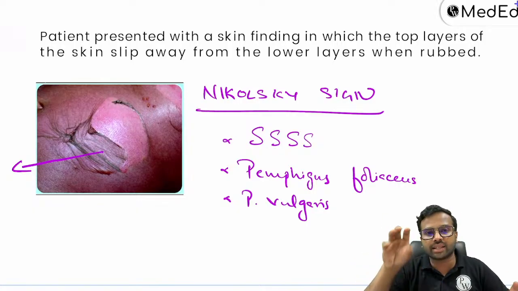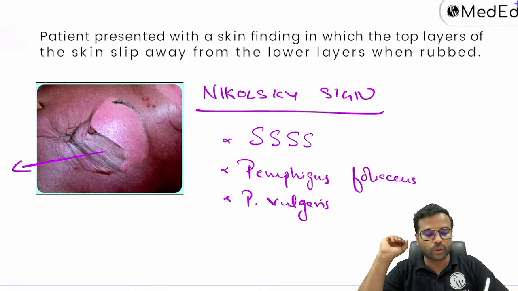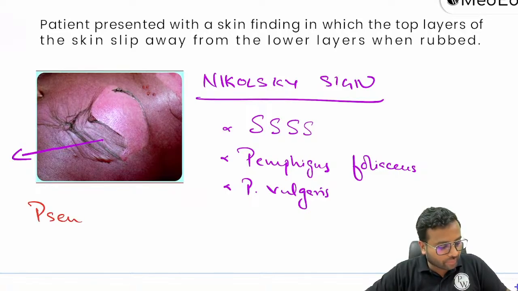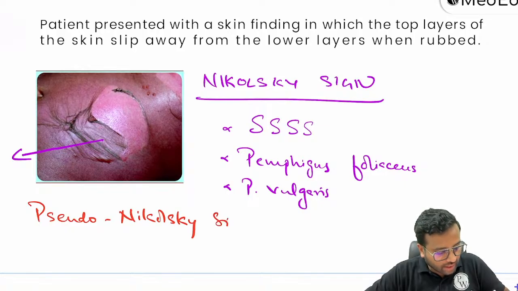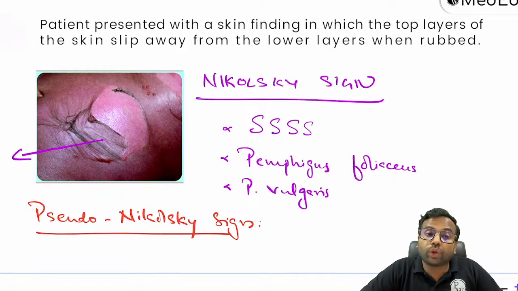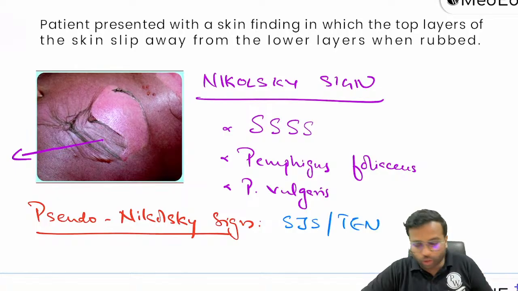Clinically this sign is going to be the same in toxic epidermal necrolysis also, but I'll write it down in red, because in toxic epidermal necrolysis we call it pseudo-Nikolsky sign. So let's be more specific when we learn MCQs, because for pseudo-Nikolsky sign the examples can be Stevens-Johnson syndrome or toxic epidermal necrolysis.